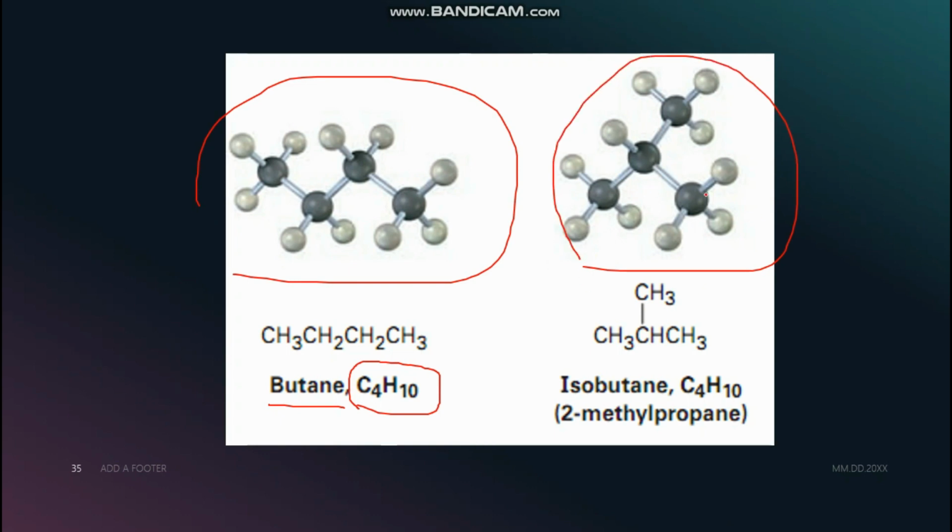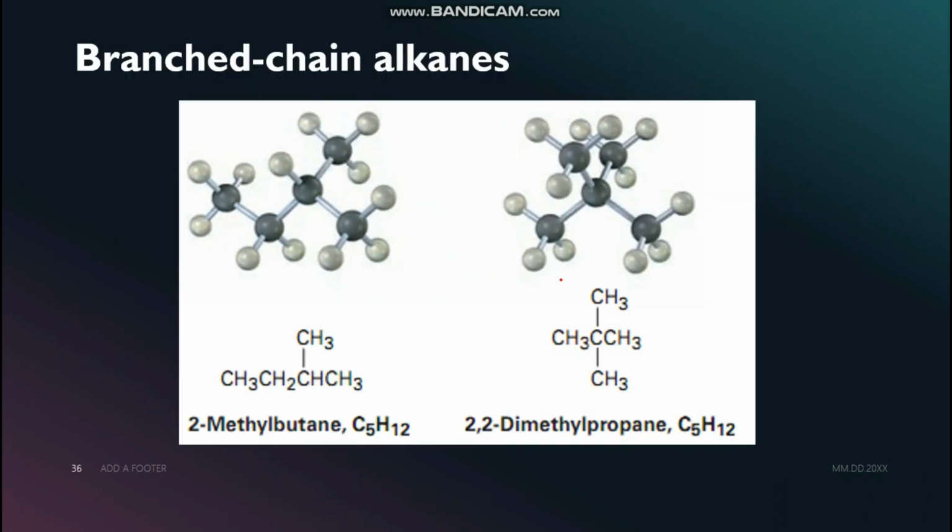May isang carbon na nag-branch doon sa ating isang carbon. So these structures ay tinatawag natin na branch chain alkanes.